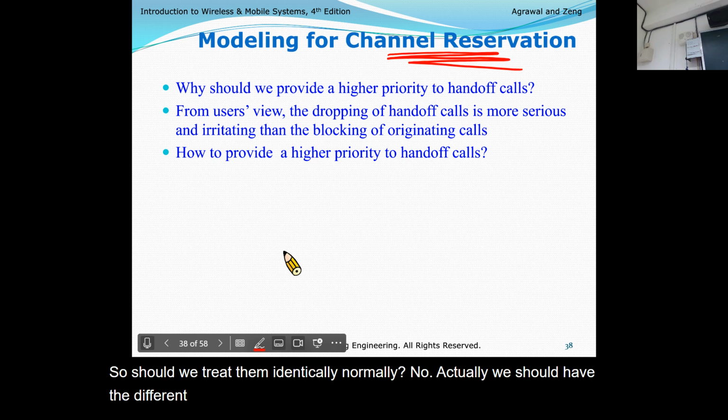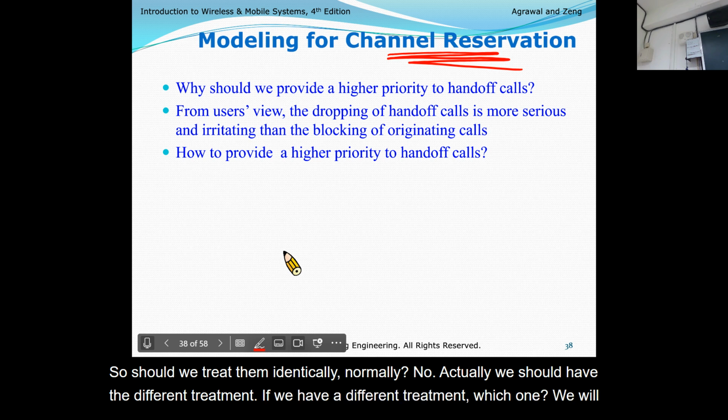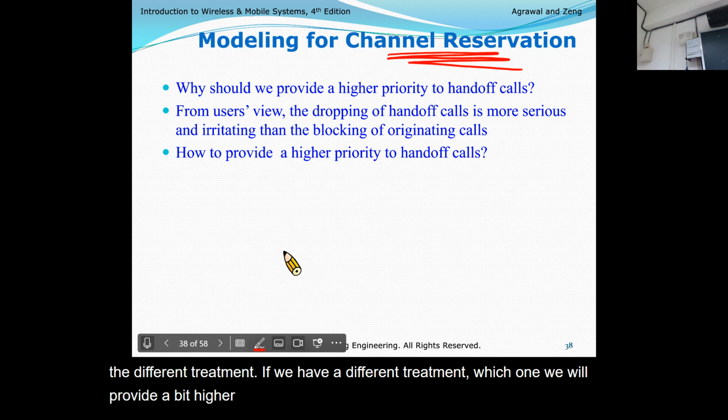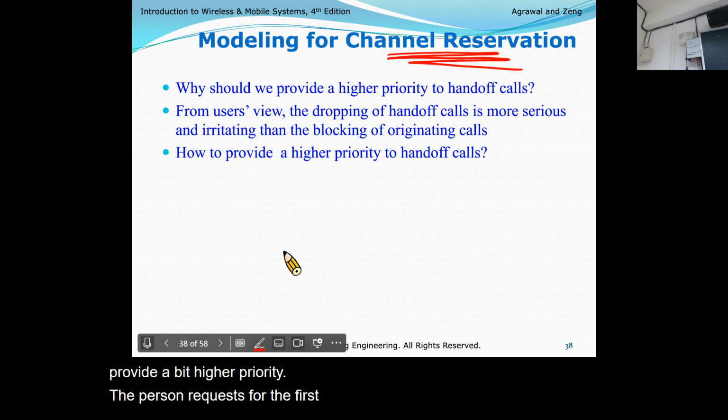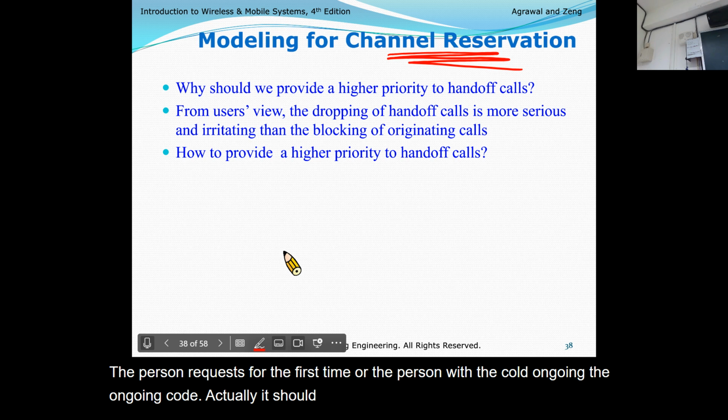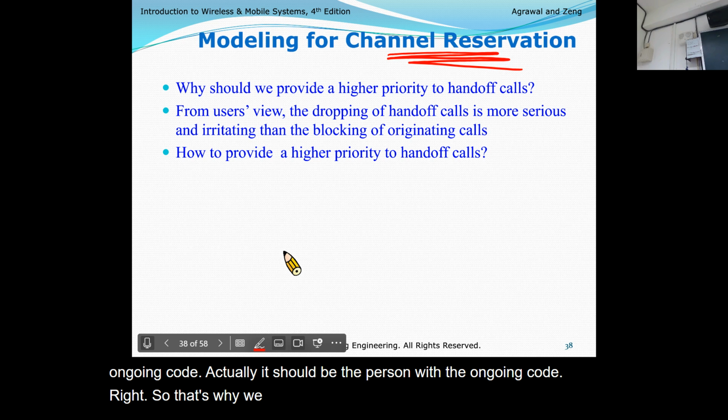If we have different treatment, which one will get a bit higher priority? The person who requests for the first time, or the person with the ongoing code? Actually, it should be the person with the ongoing code. Why should we provide a higher priority to that code?